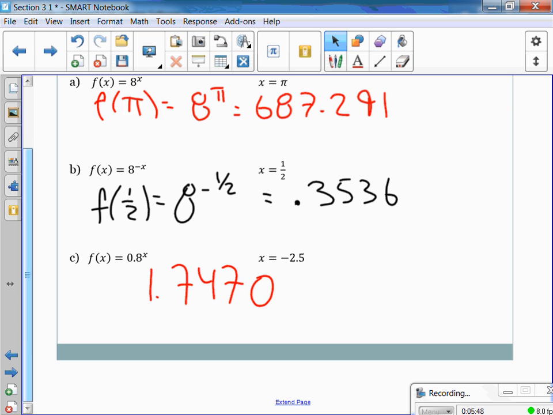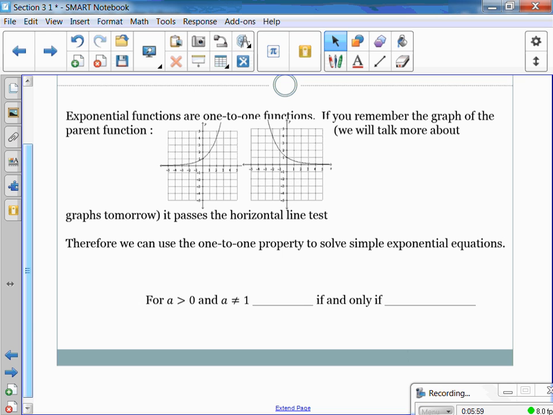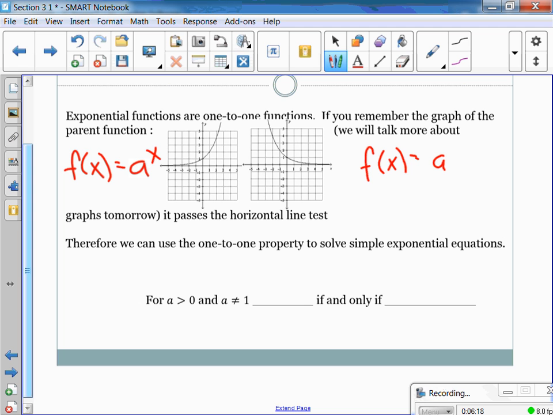The nice thing about our exponential functions, if you guys remember from the graphs 4 or 5 weeks ago when we took a look at our parent functions, this was my graph of my exponential function f of x equals a to the x. The one on the right. Because here we got a negative with the x, so it's going to be a reflection about the y-axis.